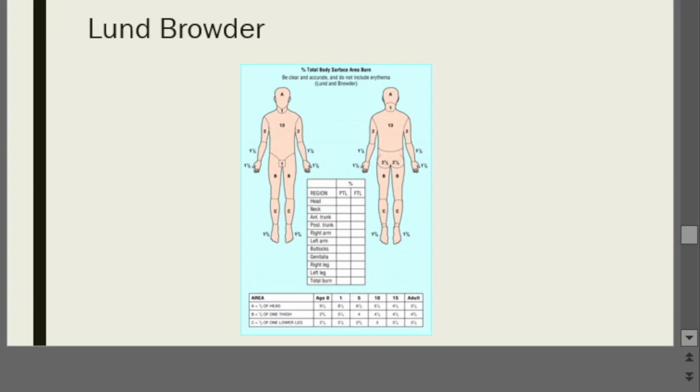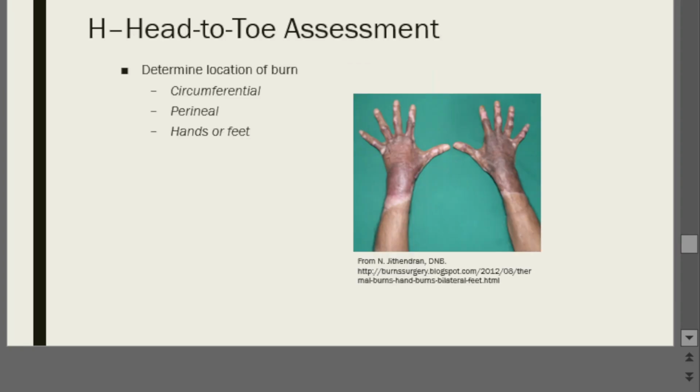So this gives you a more detailed description of how to calculate the total body surface area of a patient. And really how it goes in the emergency department is you kind of get three people's opinions and then sort of average those out or come to a consensus based on multiple opinions. Usually it's not one person doing this.